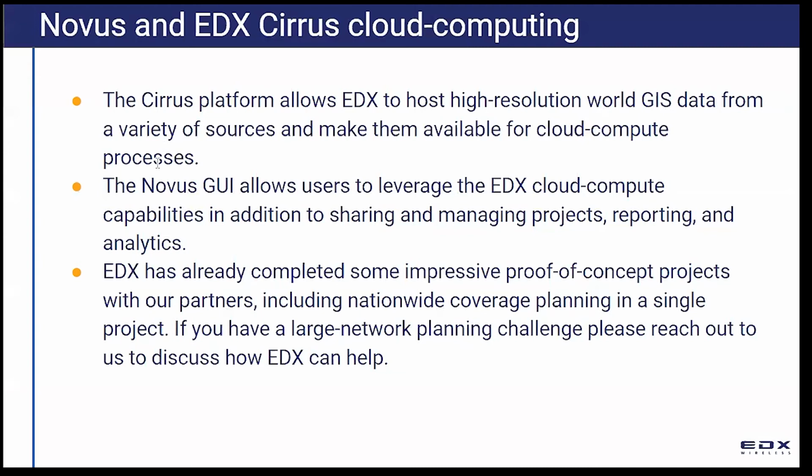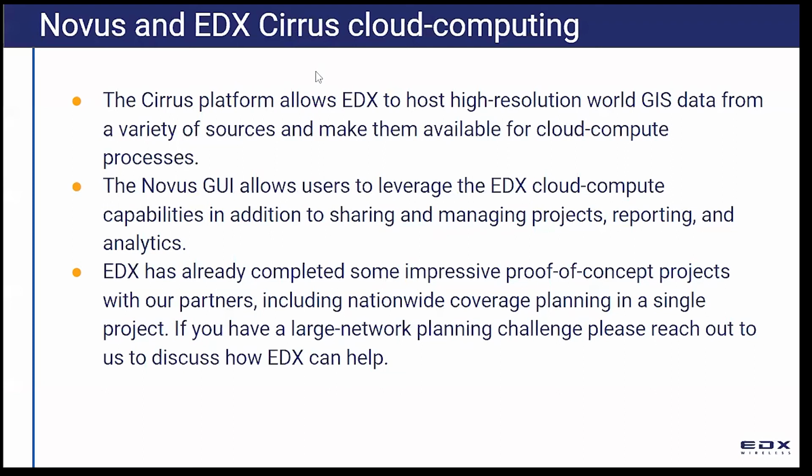But in the cloud, we can make that a parallel process that can run quite quickly. It's all just a matter of how many processors, how much in the way of compute resources we assign to it. And so the Cirrus platform allows us to host the geodata and run enormous studies up in the cloud.